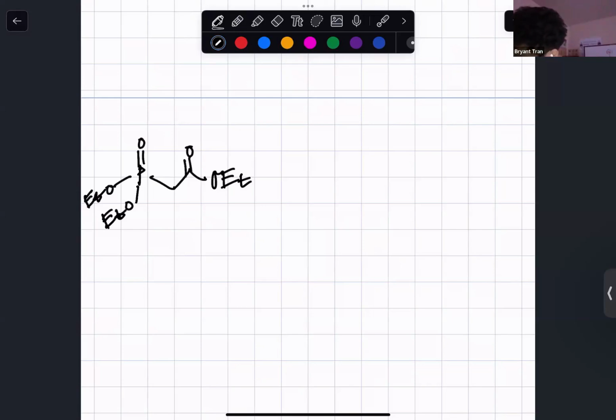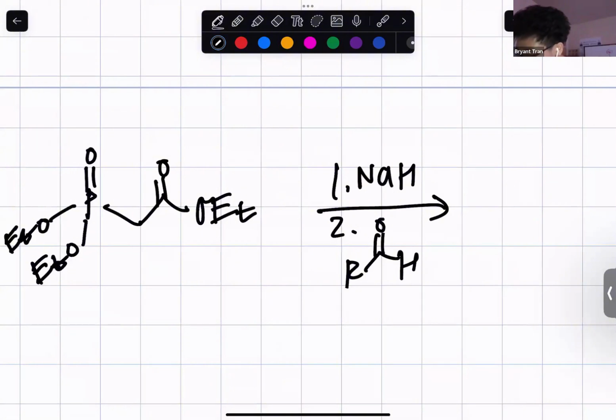First step, NaH, a strong base. Second step, some aldehyde. To predict the product quickly, I would star my alpha carbon of this reactant molecule, and dot my carbonyl carbon of the electrophile aldehyde.